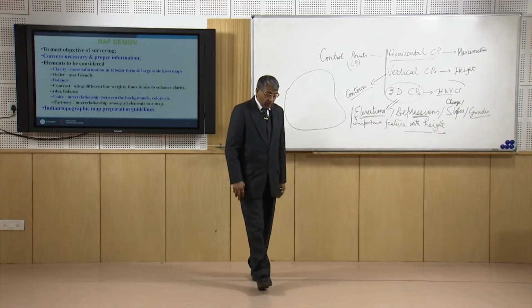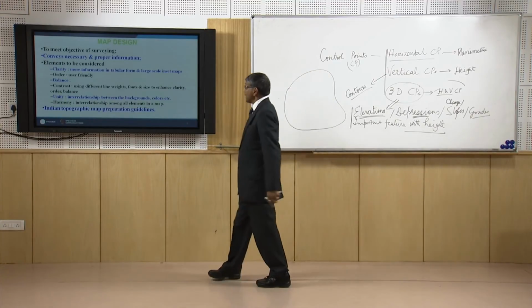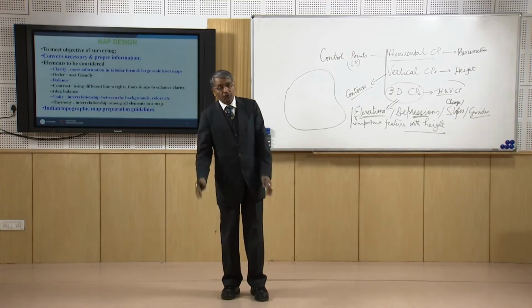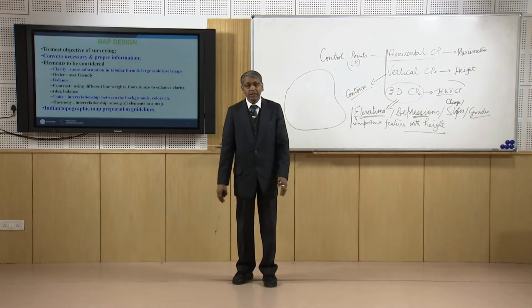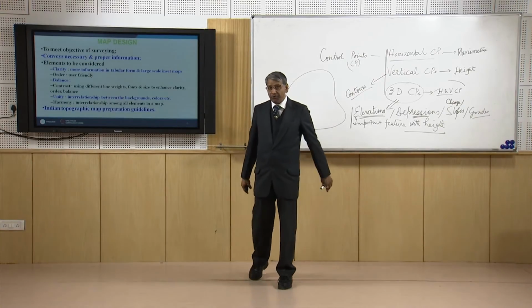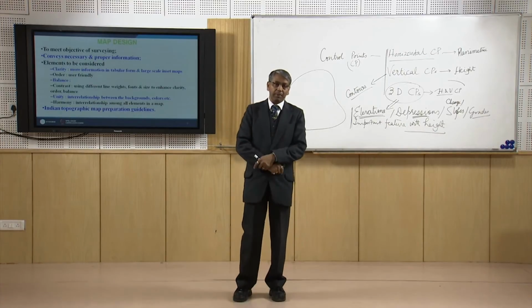Now, after this we have to take into consideration the design of a map. Whenever we go for map making, we first have to design it. To design the map, the most important thing is the objective of that map.